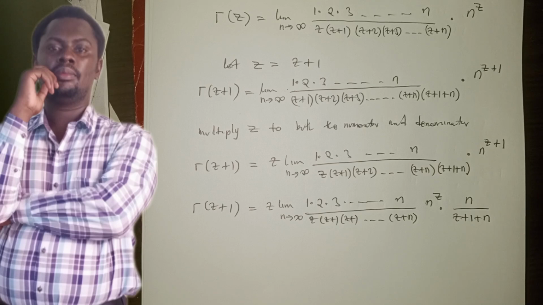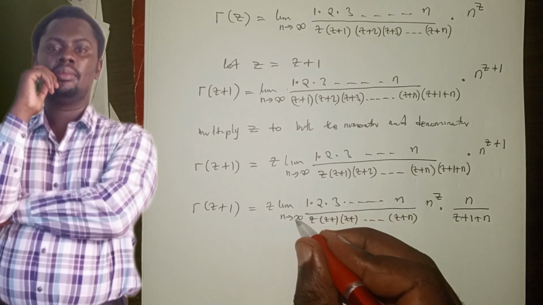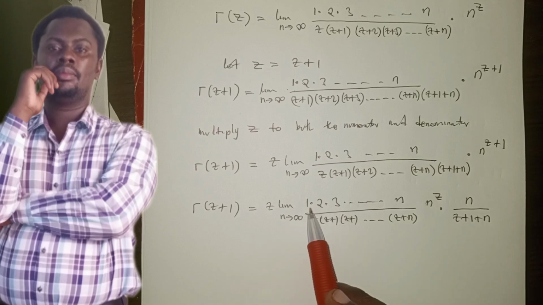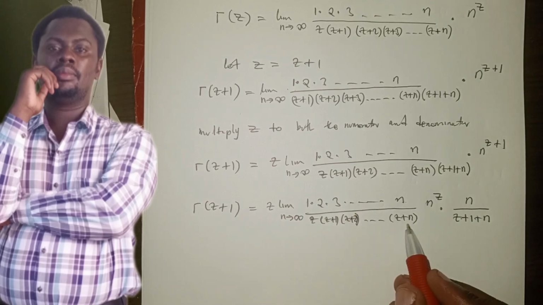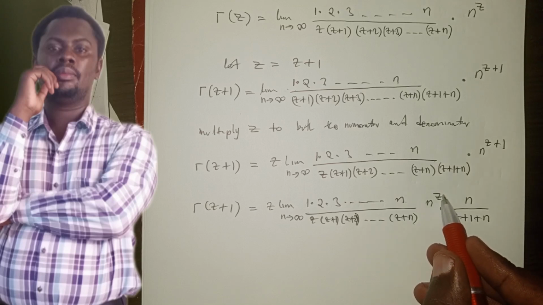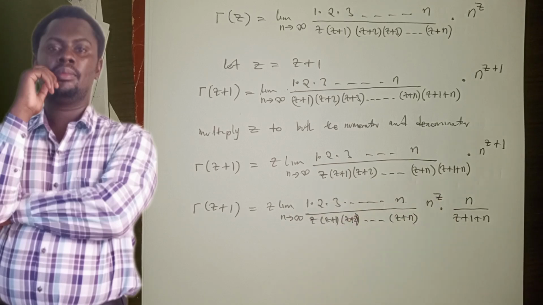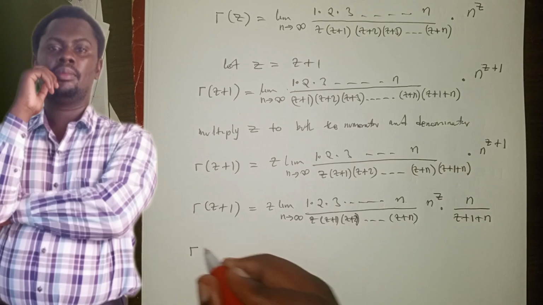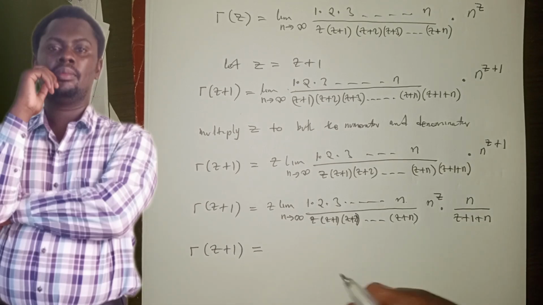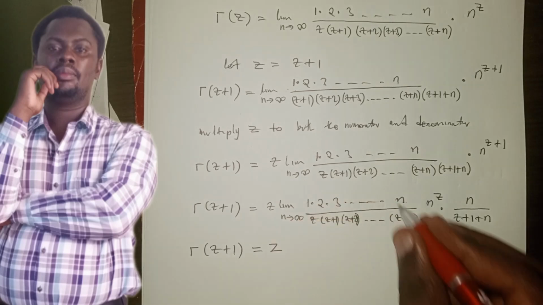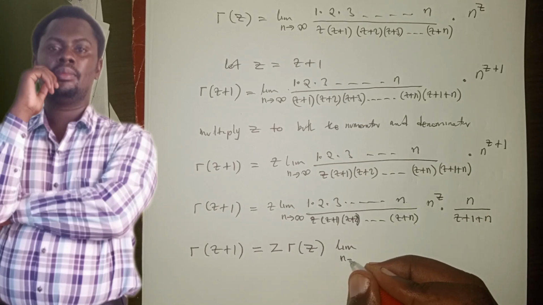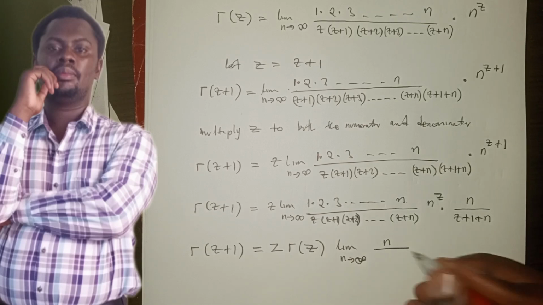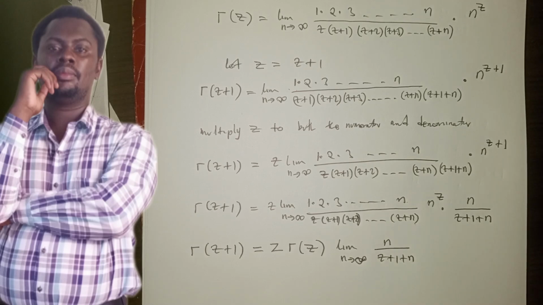And we know that this one here, the limit as n approaches infinity of the product of 1, 2, 3 up to n over z plus 1, z plus 2, up to z plus n, times n to the power z, is gamma of z.